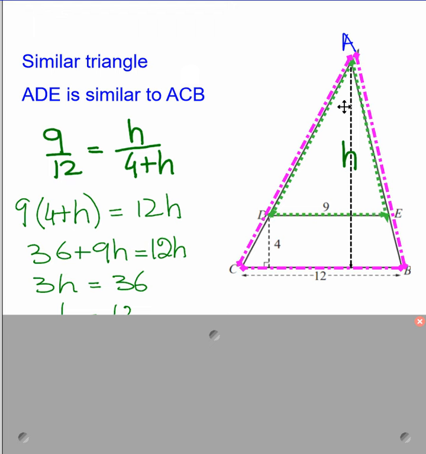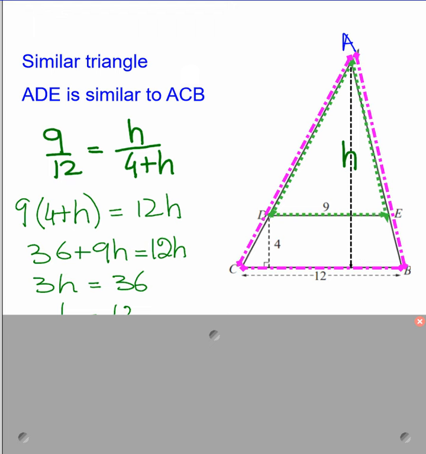So once you know that ADE is similar to ACB, you can take the ratio of corresponding sides. So 9/12 is equal to h over 4 plus h.